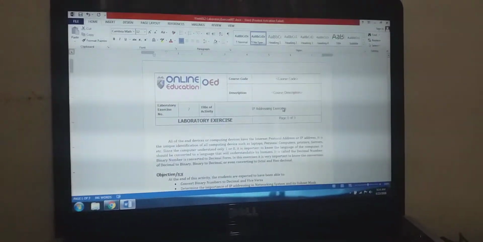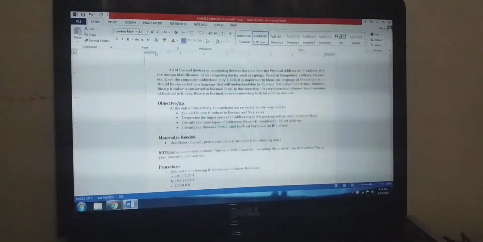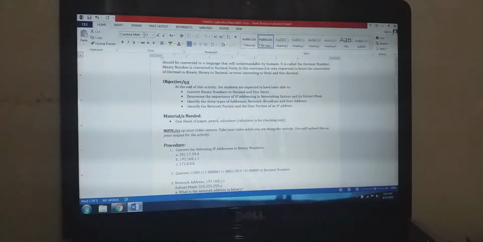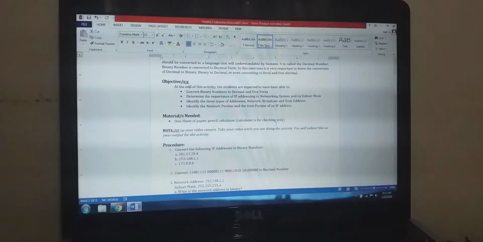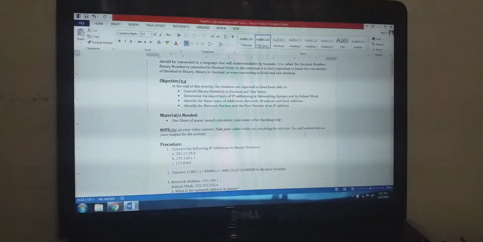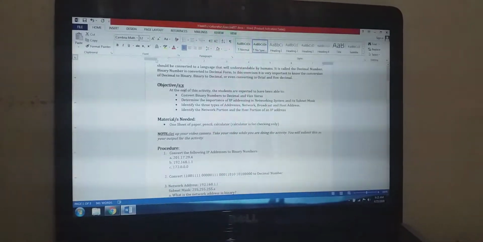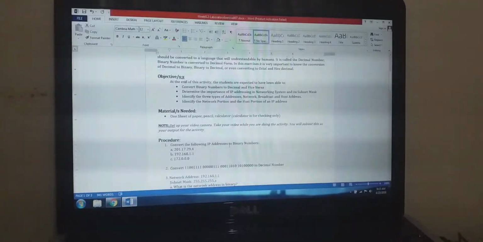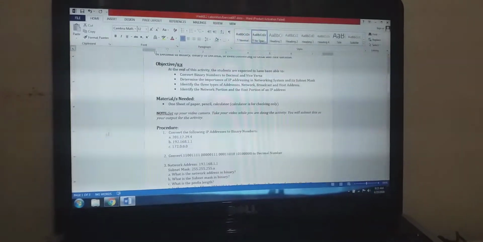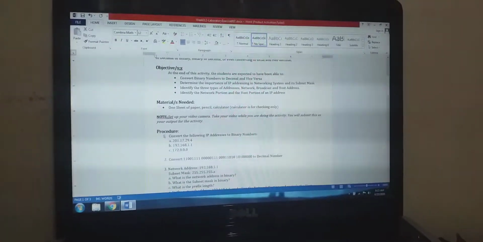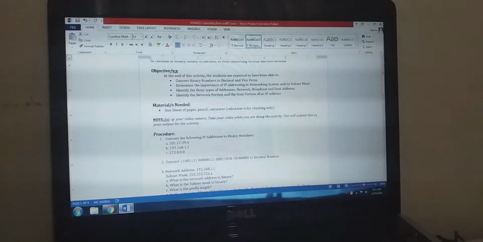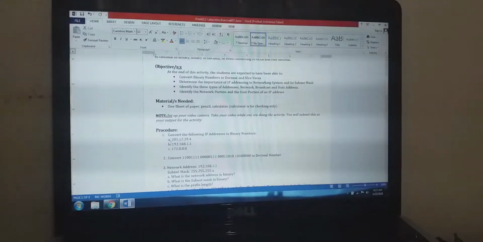Entitled IP addressing exercises. For this activity, we will need one piece of paper, pencil, and calculator. Calculator is for checking only. So let's proceed to procedure number 1, which is converting the following IP addresses to binary numbers.